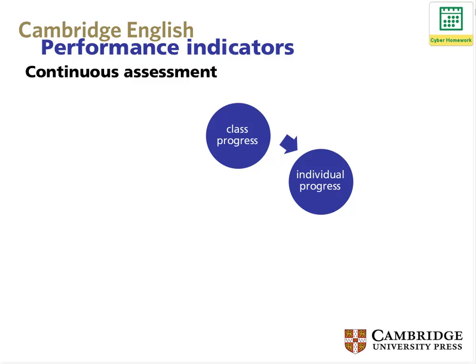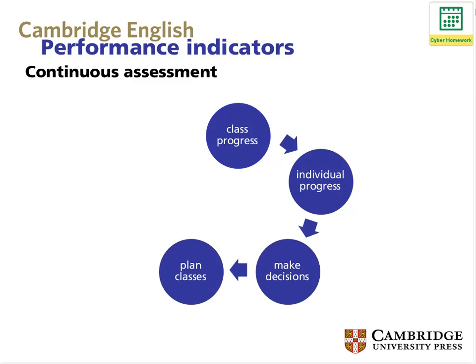With that information you have, if you notice that students' performance is not necessarily at level, well, you would need to make decisions. What type of decisions would you have to make? Well, you have to plan classes differently. You may want to have a different approach towards the class and how things are going.